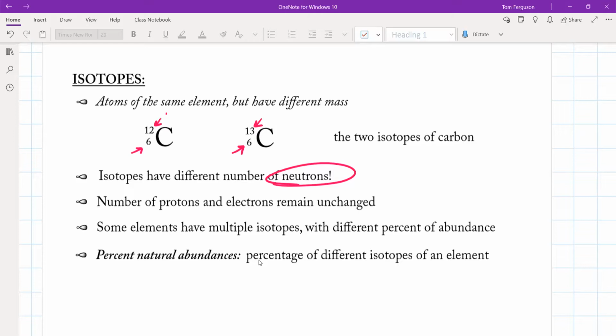That has an advantage in nuclear and medical terms, because we can tag molecules. We can tag biochemical or organic molecules with an isotope that's different from the rest of the molecule, and we can track it that way.